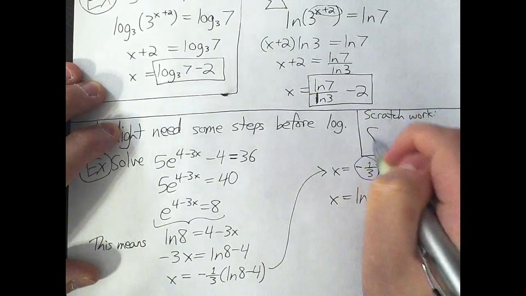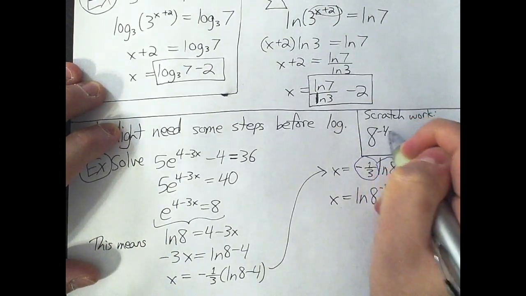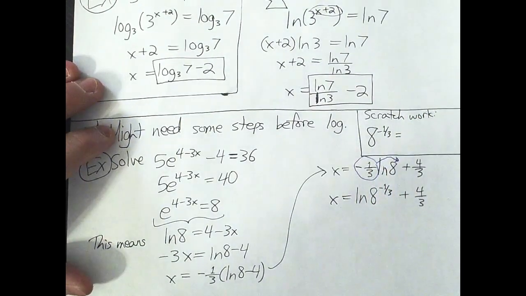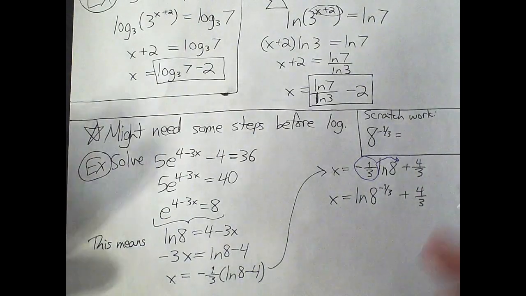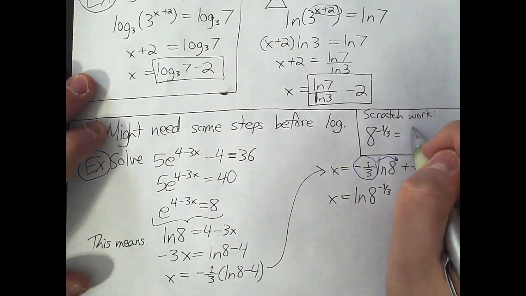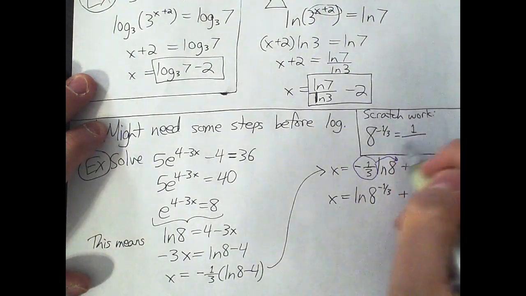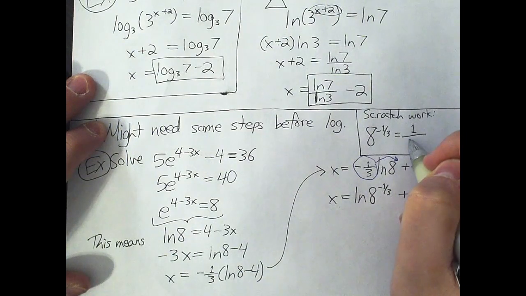Do you know what 8 to the negative 1/3 is? I'm doing this because I think we can simplify it. I wouldn't just move in any random fraction and combine it with any random number, but I'm combining this in particular because I think we can do it by hand. Well, this would be 1 over 8 to the 1/3. That's the same as saying the cube root of 8.